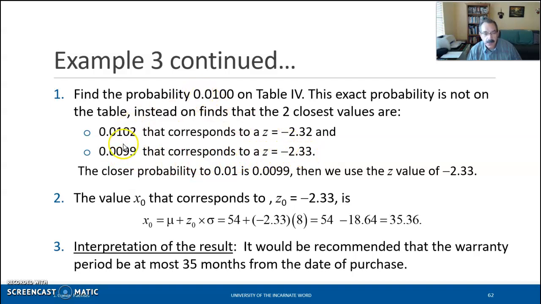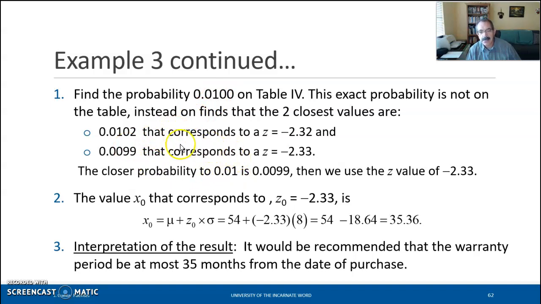If you look at these two numbers, 0.0102 is 0.0002 units above it, and 0.0099 is 0.0001 units below it. So in this case, instead of doing what is called interpolation, we simply say, since 0.0099 is the closest value to 0.01, we take that as the z-value for 0.01.